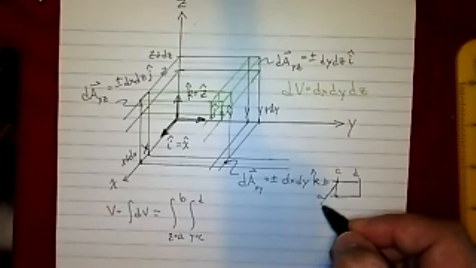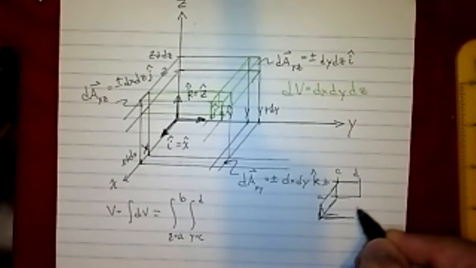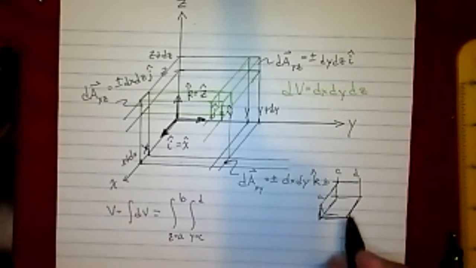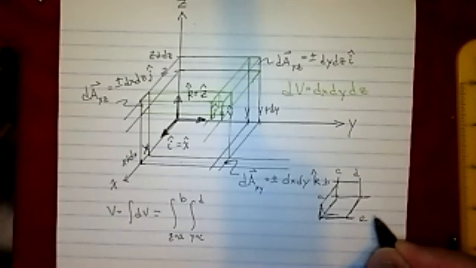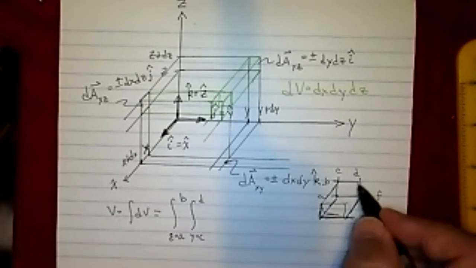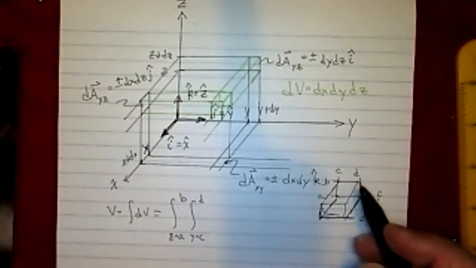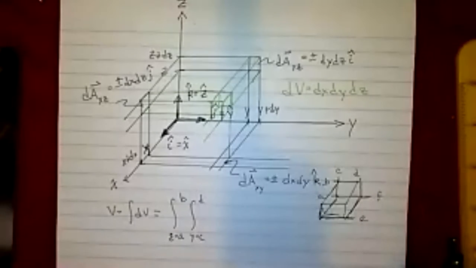And then, of course, this would be the ultimate rectangle that we're talking about. And of course, this would be at, let's say, x equals e to x equals f. So I think you can tell just looking at this diagram, the volume should be e minus f times c minus d times a minus b.